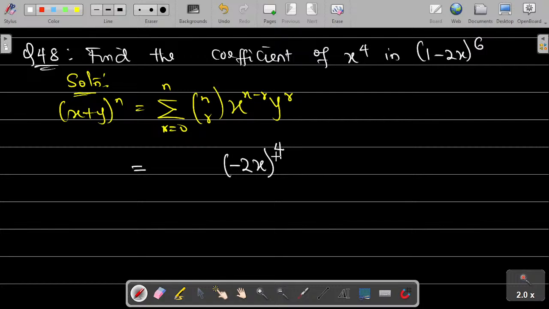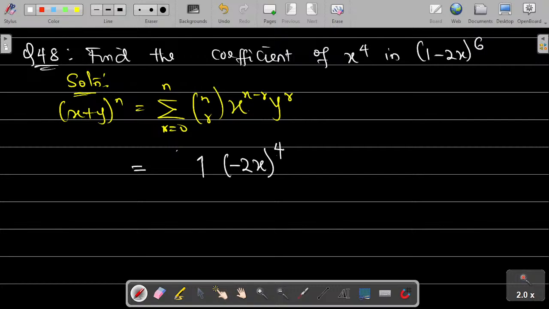Then the first term, which is 1, will be to the power of n minus the power of the second term. So here it will be 2.